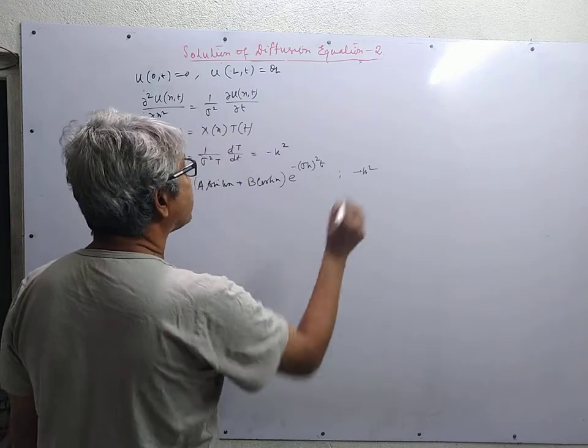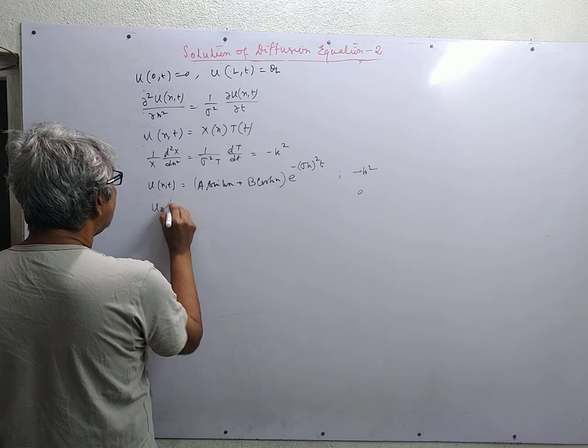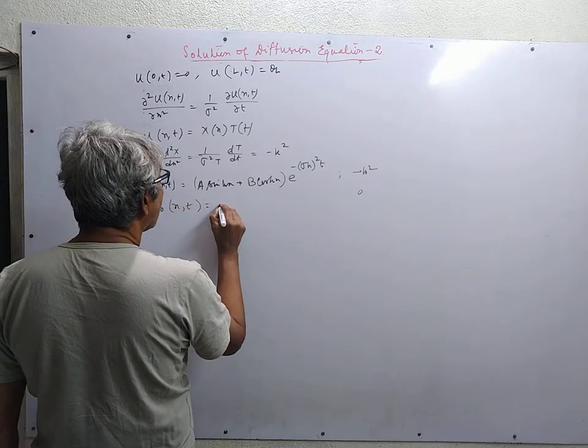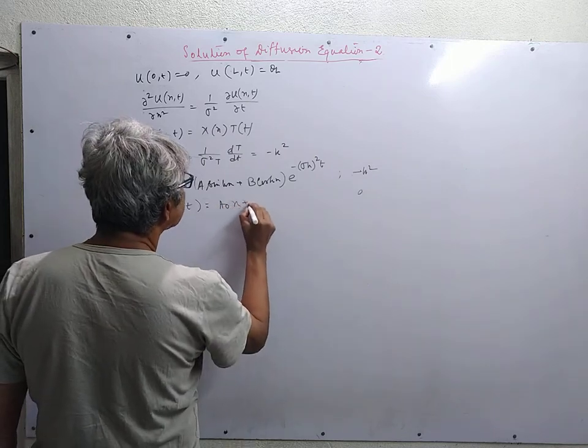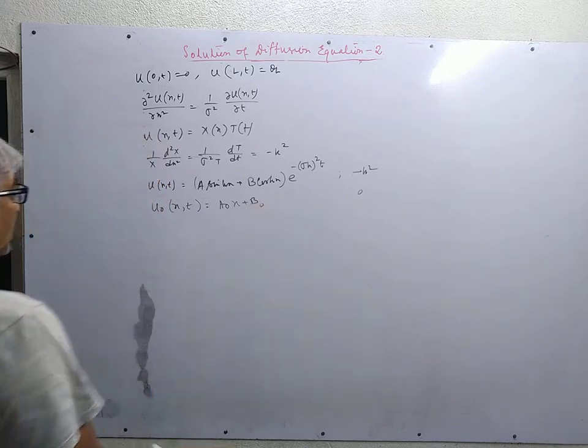If we take the separation constant to be 0, then the solution will be u0 of x is some a0 x plus b0, and there is no time part.